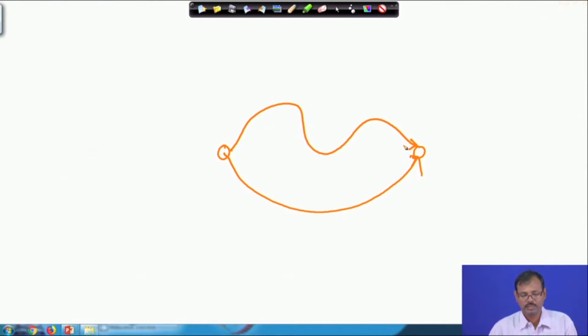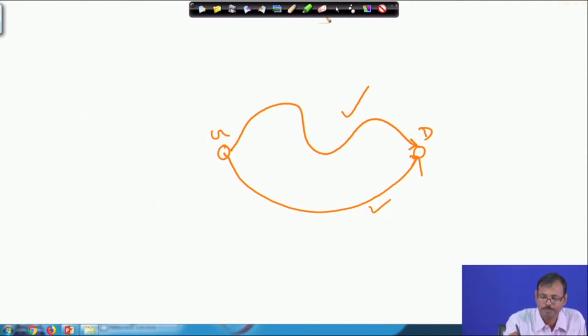So, that means the job, the activity, is going from Ghaziabad to Delhi, but the paths are different. This is one path, this is another path, and these paths, these activities, are shown by the arrow.